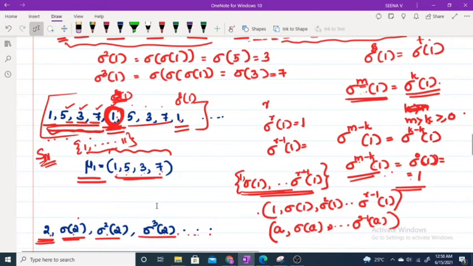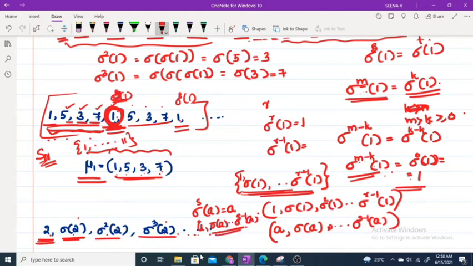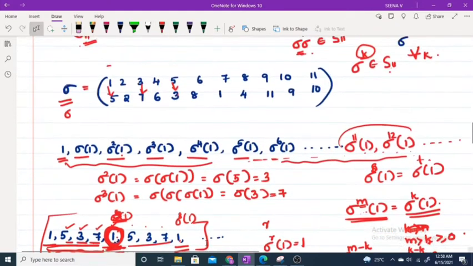Let that value be sigma raised to s of A equal to A, and then consider the values A, sigma of A, etc., up to sigma raised to s minus 1 of A. Clearly these are distinct, the same procedure as in this set. But here, what about 2?